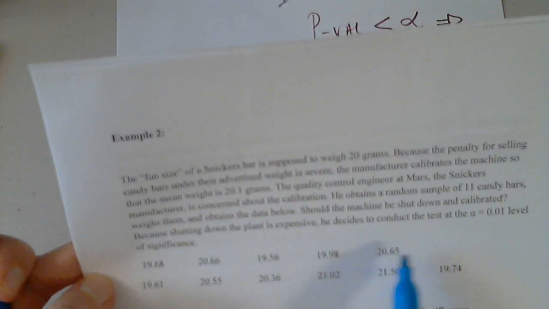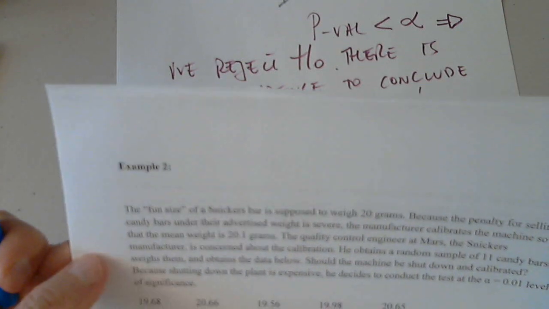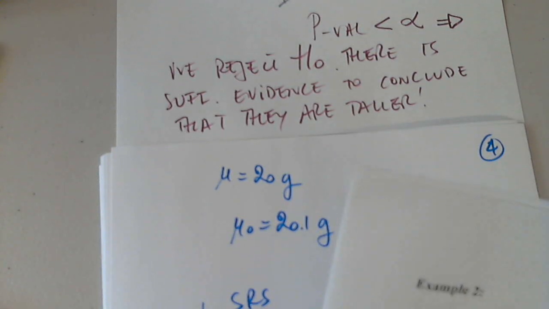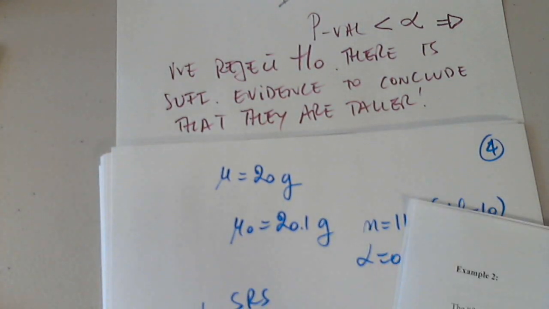It doesn't appear to have any outliers. And 3, independent. Most certainly 11 is definitely less than 0.05 of the number of sneakers that they produce. Guaranteed. So all 3 conditions are fulfilled.